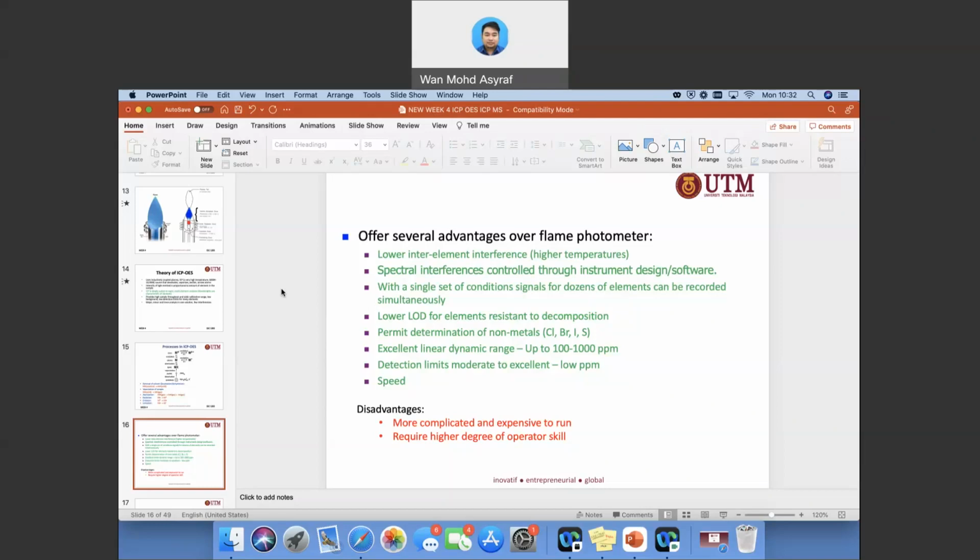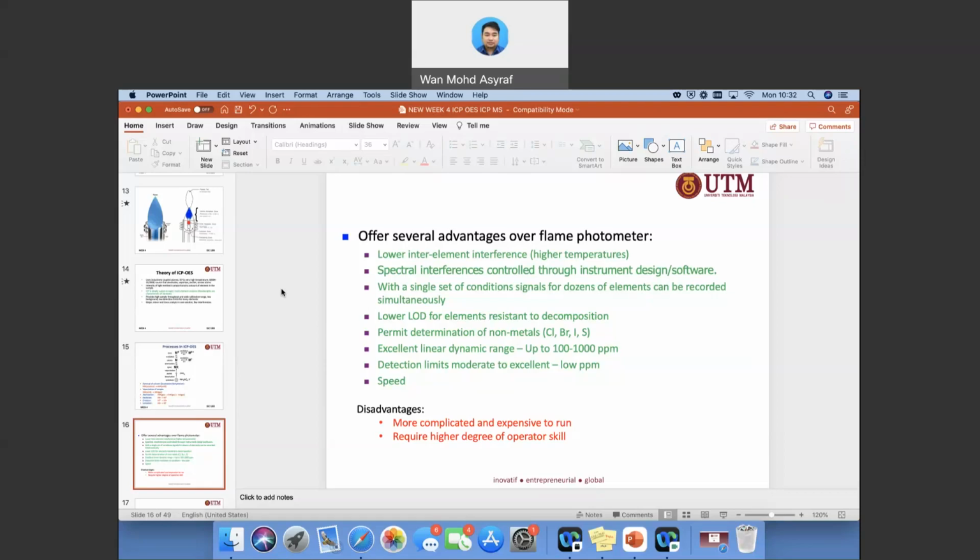All right. So with a single set of condition, signals for dozens of elements can be recorded simultaneously. It has a lower LOD. LOD means limit of detection. So that means it is very suitable for trace analysis. All right. So the detection limit is moderate to excellent, down to low ppm, parts per million. And it is very fast.